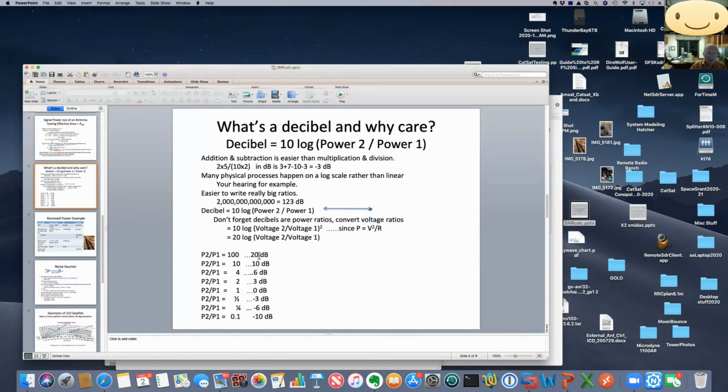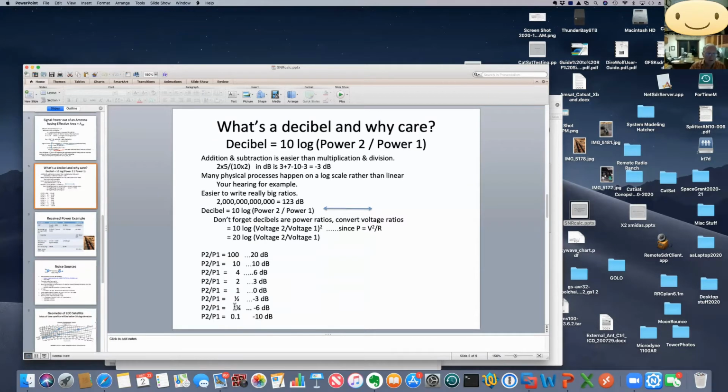It's a relatively small number. 3 decibels is a factor of 2 in power. 6 decibels, double that, is a factor of 4. 10 decibels, and so you see this is all a logarithmic scale, and it also has negative terms in it. So if the power coming out is a tenth of what went in of any circuit, it's minus 10 dB.